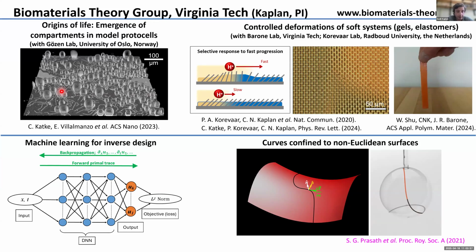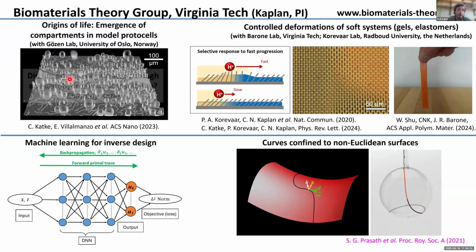But as soon as chelation occurs, like calcium is dissolved from the interface between the aluminum and liquid bilayers, these types of bubbles are observed to grow. And so we took this question in the context of origins of life with my longtime collaborator, Irep Gözen from the University of Oslo, Norway. And so we asked the question if this system can be a model for compartmentalization in model protocells.